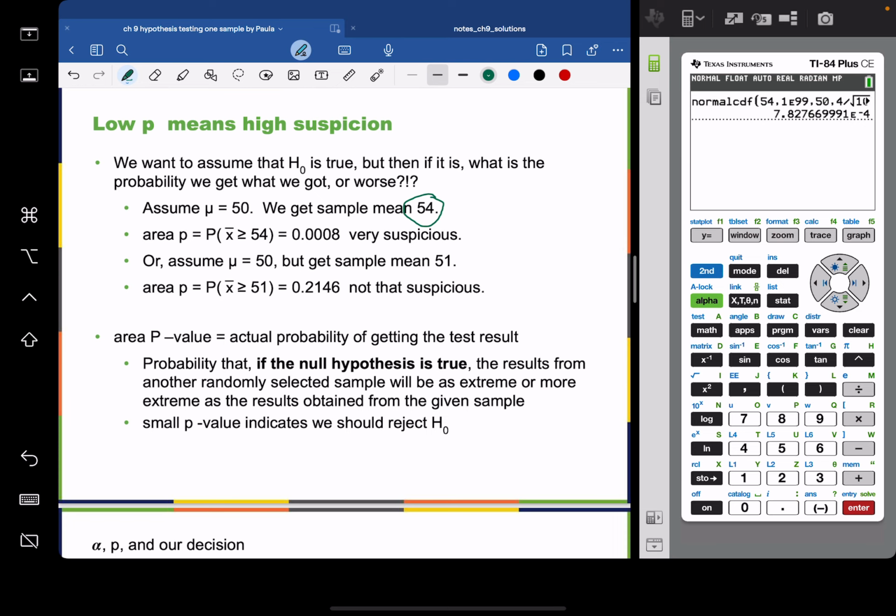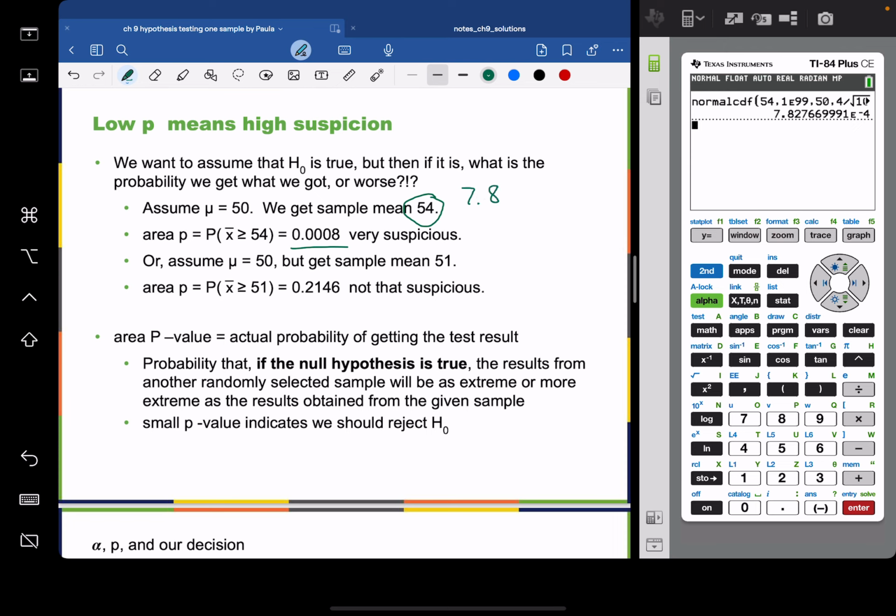So what is the likelihood of getting a sample mean that is 54 or higher? And this is a perfect opportunity for me to talk to you about tiny numbers, because you might be like, that's not a probability. That's 7.83E-4. That is actually this number right here. So I'm going to show you that.